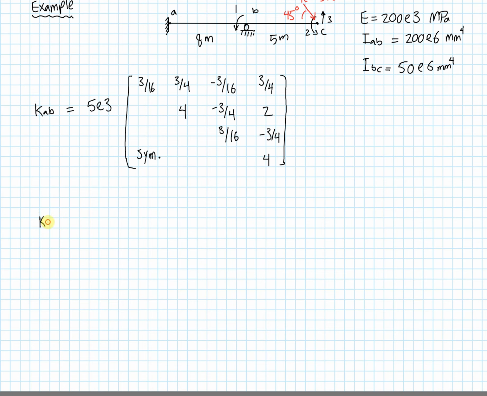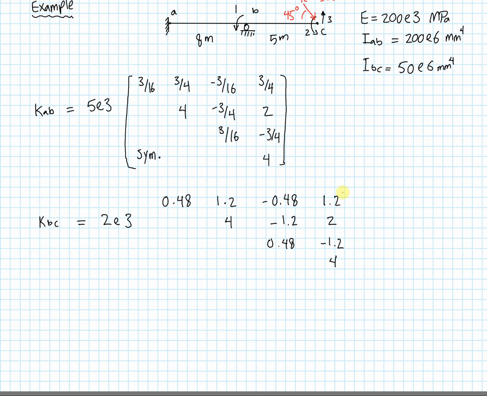for elements BC, or between nodes BC. So that's the second element. So this time we have 2e3, 2 times 10 to the power 3, and we get the constants 0.48, 1.2, 1.2, 4, minus 1.2, 2, 0.48, minus 1.2, and lastly we get a value of 4 down here.